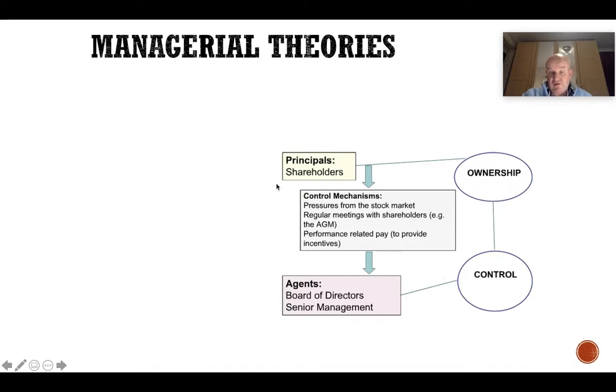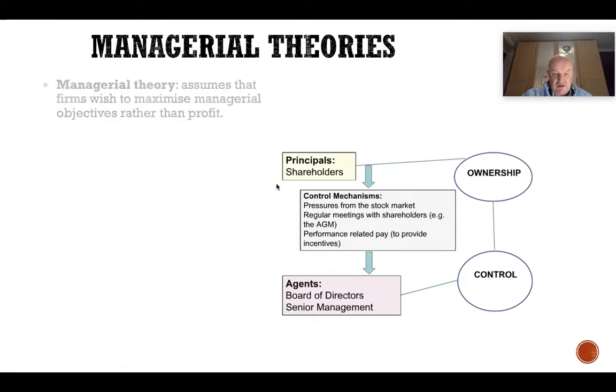One is receiving a dividend from the shares that you hold, based on the profits that the organization achieves, and the second is for the share price that the shareholders own to go up. Now, clearly, again, that is going to depend on the profitability and the success of the business. So clearly, you can see that there could be this potential disconnect. And as soon as you get this disconnect, there is an issue that needs to be addressed.